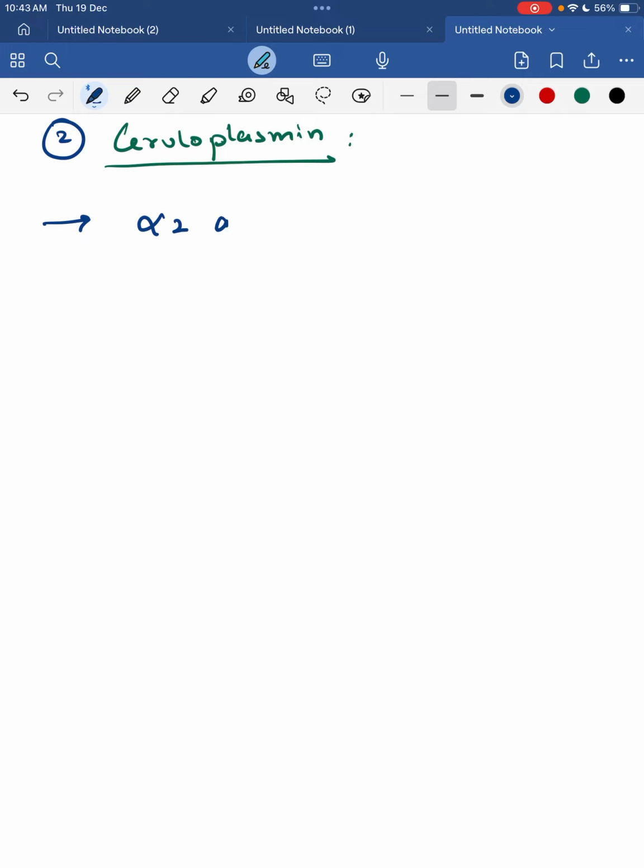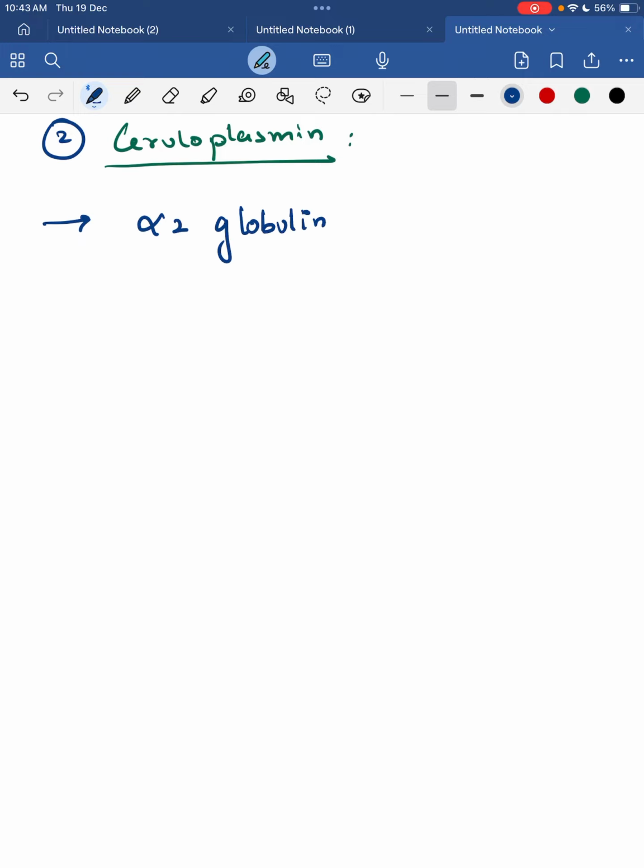The second acute phase protein is your ceruloplasmin. This ceruloplasmin is an alpha-2 globulin.